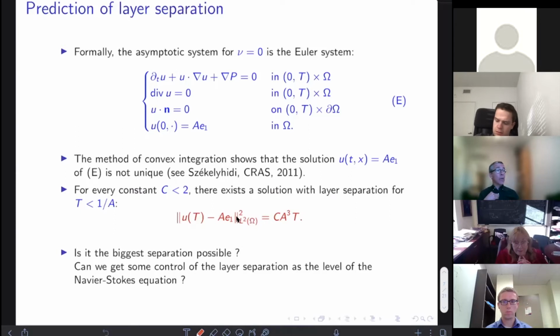And what they show is that on the specific examples that they construct, they can get a growth which is exactly like t cubed, times a constant, and they can do it for any constant between 0 and 2. So that's their result, which we also packaged here.